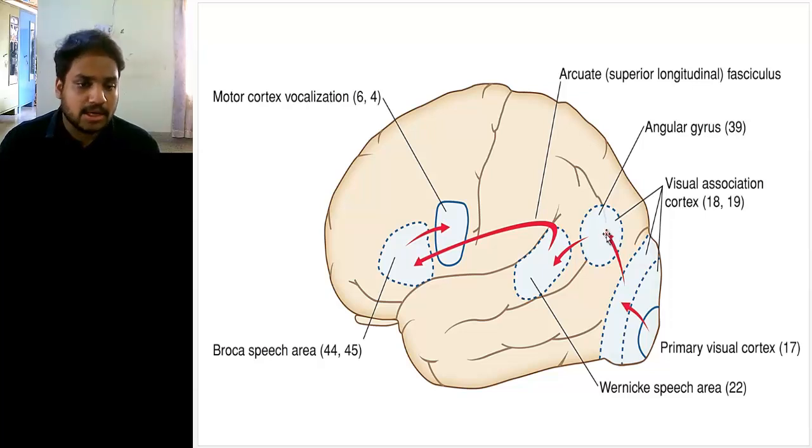From the angular gyrus, further processing takes place in the Wernicke's speech area, where the auditory form of the word is recalled, and then through the arcuate fasciculus this information reaches the Broca's area.